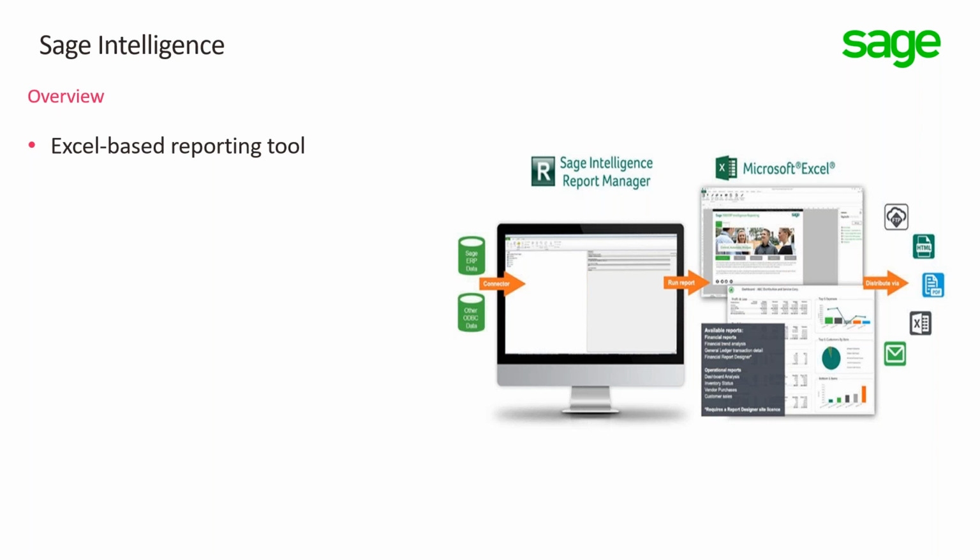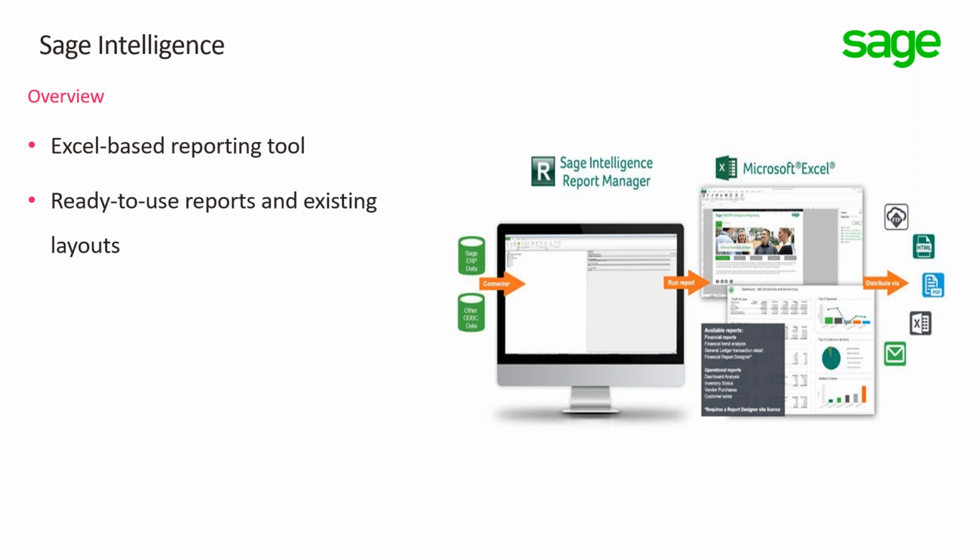And it can be in different formats. And in the case of Sage Intelligence, we're using Microsoft Excel. So we're pulling all of the data from your Sage 100 system. We're pushing it into these templates that are in Excel so that you can use your Microsoft Excel skills to analyze and to view that information, and also to allow others across your business to view that data.